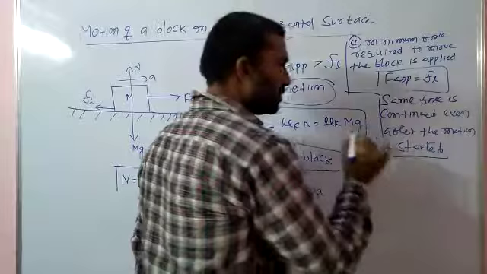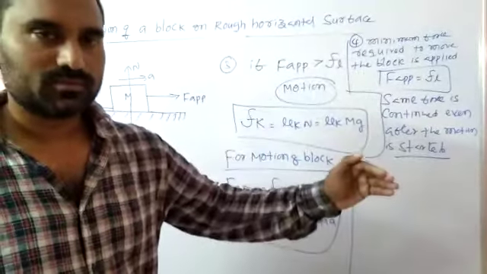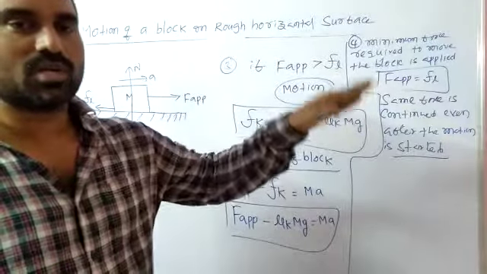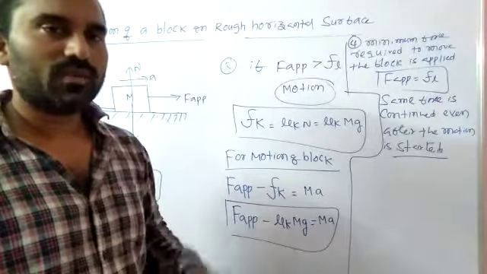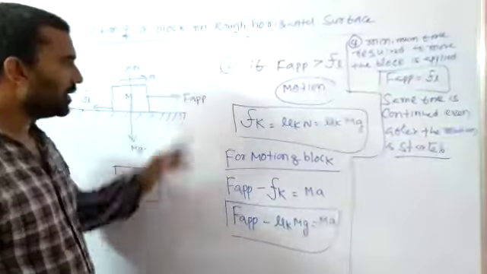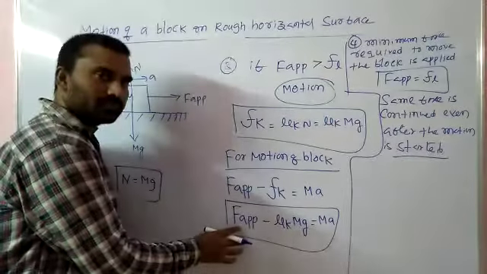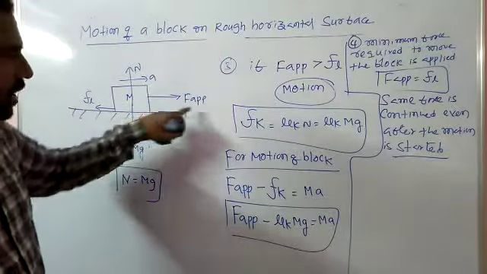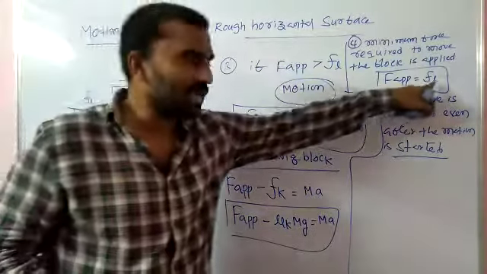That means the minimum force needed to move the block is applied and the same force is continued even after the motion started. After the block's motion starts, we are applying the same force. Once the motion starts, which friction acts? Kinetic friction. What is the applied force here? That applied force is equal to limiting friction.